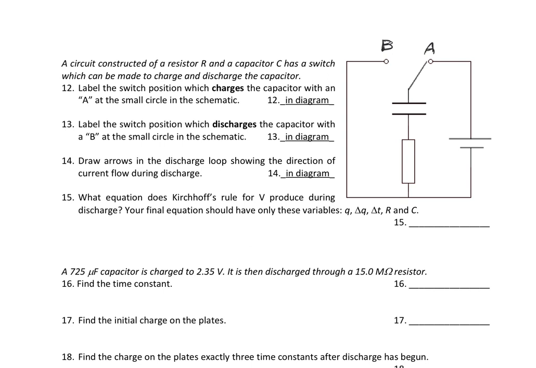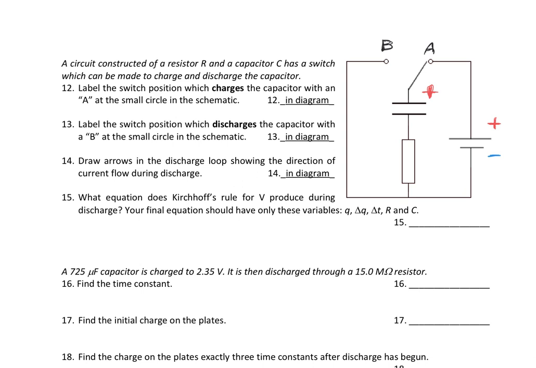And then 14 says draw the direction of current flow during discharge. First, we have to establish the signage of the capacitor. We know that this cell right here, we have positive terminal up here on the top. We have negative terminal down here on the bottom. So in the charging condition, the positive side of the capacitor is up here on the top because it's connected to the positive terminal.